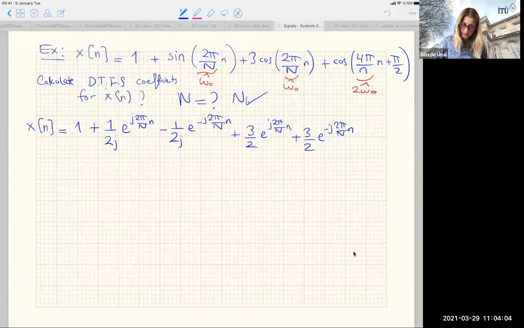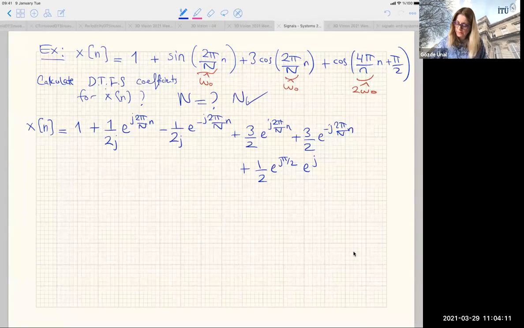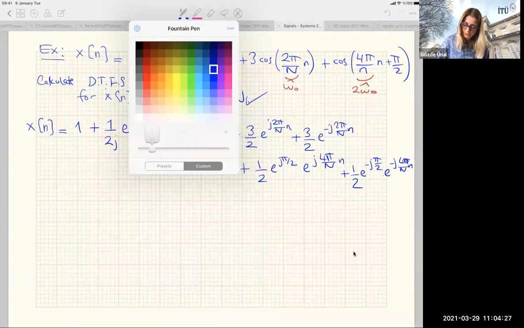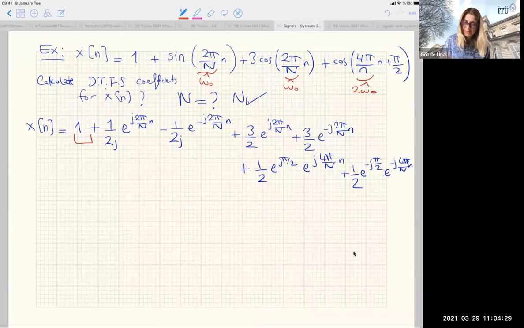Then I need plus 1 over 2 e to the j pi over 2, the phasor coefficient part, times the third cosine term, e to the j 4 pi over N, plus 1 over 2 e to the minus j pi over 2 e to the minus j 4 pi over N. Okay, so just write from here, for instance, and determine the Fourier series coefficients here. So just a sec.